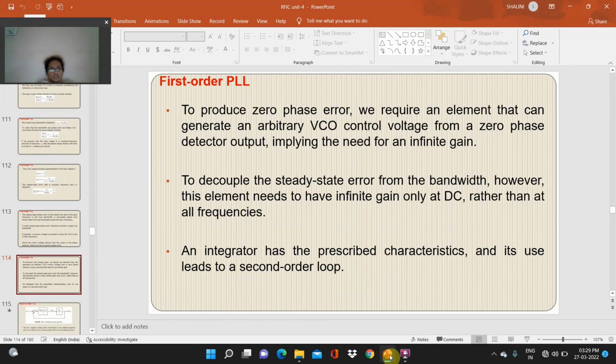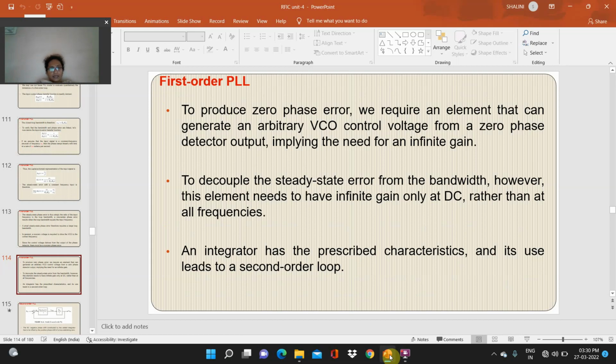To produce zero phase error, we require an element that can generate an arbitrary VCO control voltage from a zero phase detector output, implying the need for an infinite gain. To decouple the steady state error from the bandwidth, however, this element needs to have infinite gain only at DC rather than at all frequencies.